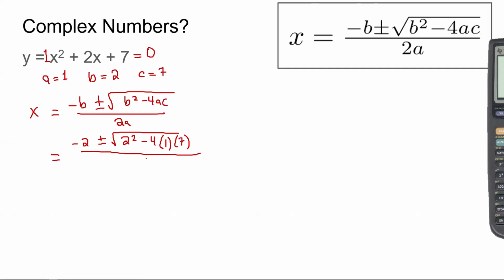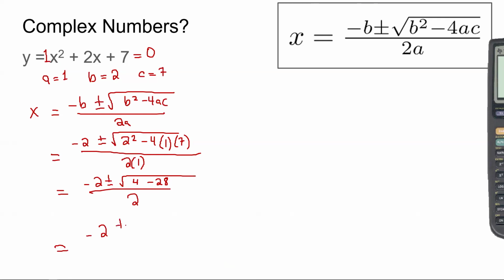And down here, I've got a 2 times a, but that's a 1. I could just grab my calculator at this point, but let's see what happens and why it's going to happen. 2 squared is a 4. Here is a negative 4 times 1 would be negative 4 times 7 is a negative 28. All over 2 times 1 is 2.